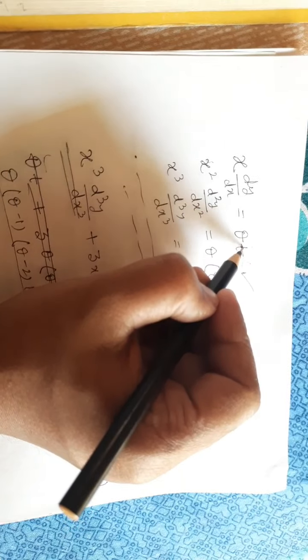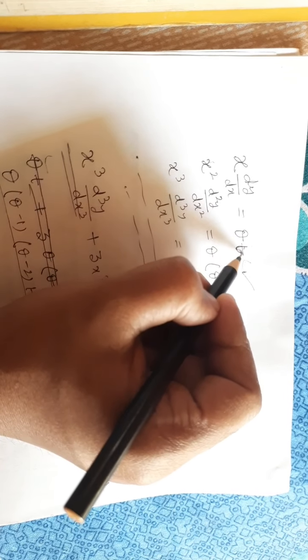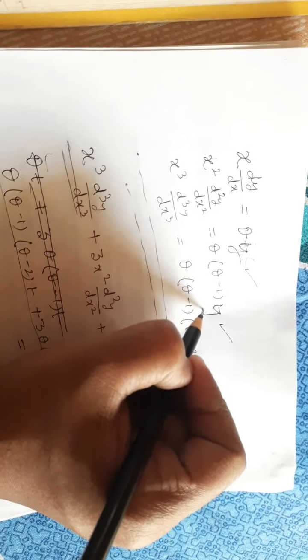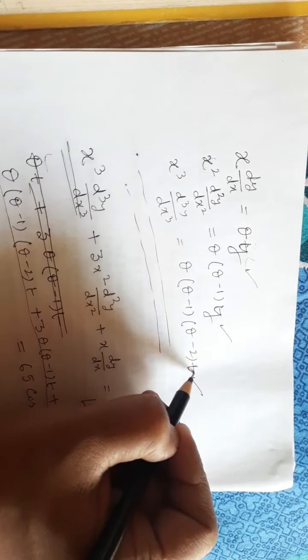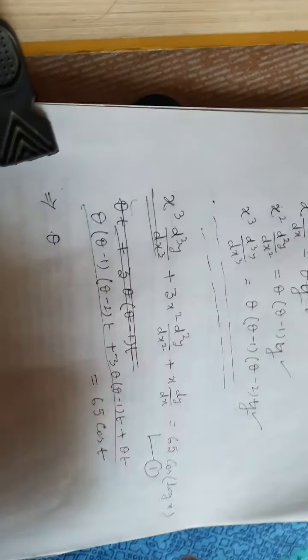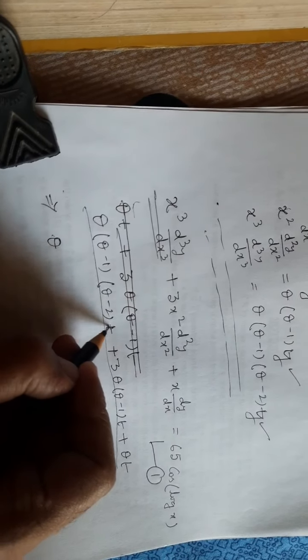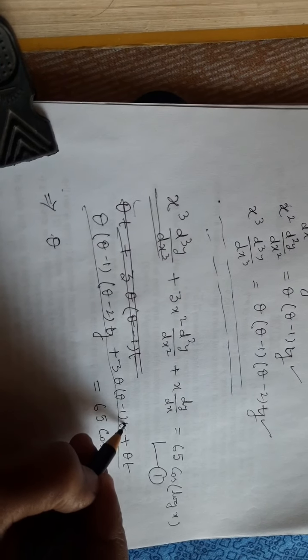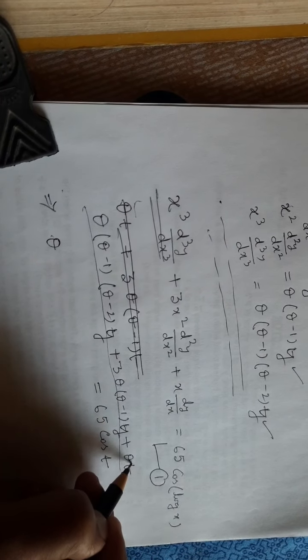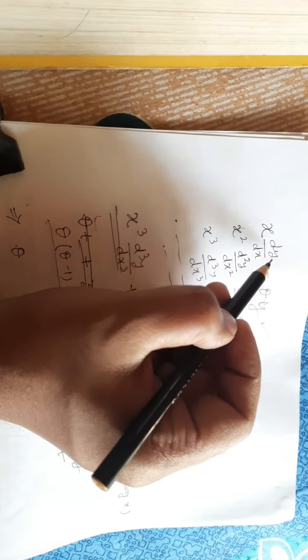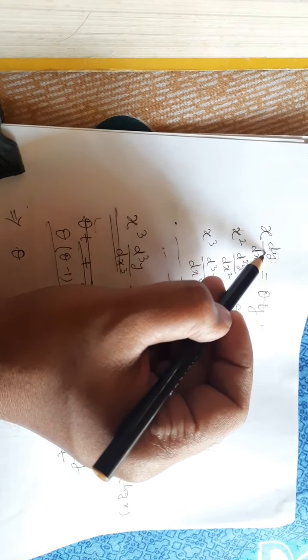Here x dy by dx equals theta y, here also theta y, and here also theta y, because here is y.